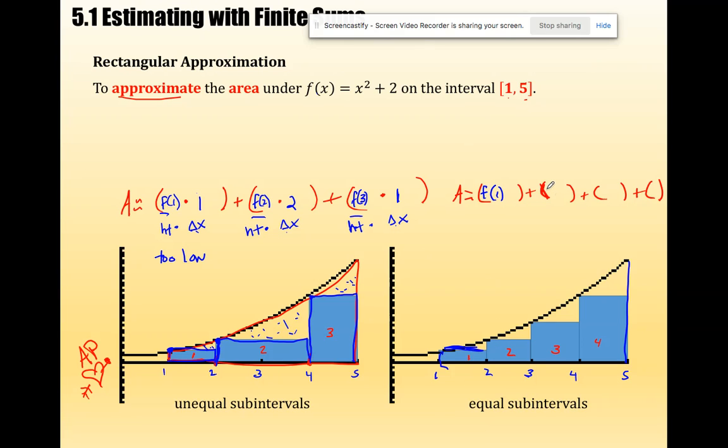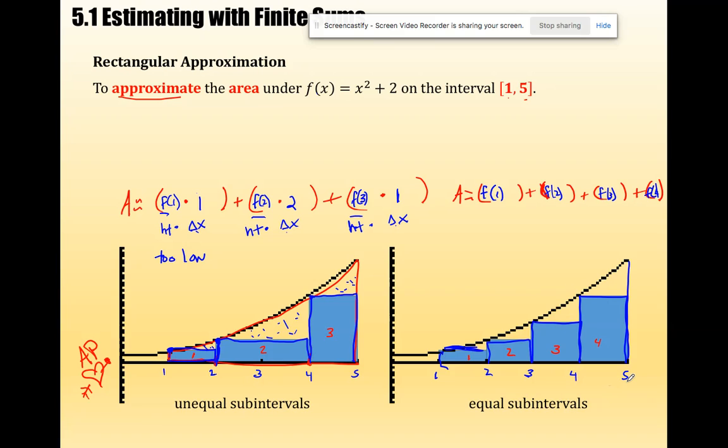F of 1, then my next height is F of 2, then my next height is F of 3, and then my next height is F of 4. True, right? Height constant, going down.